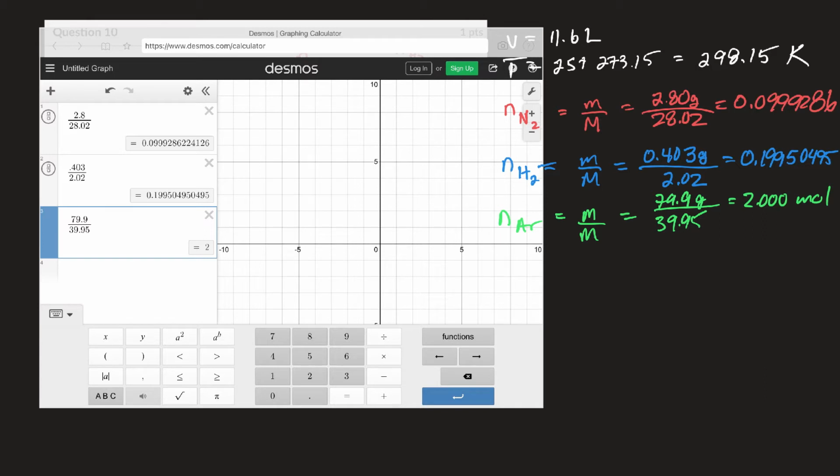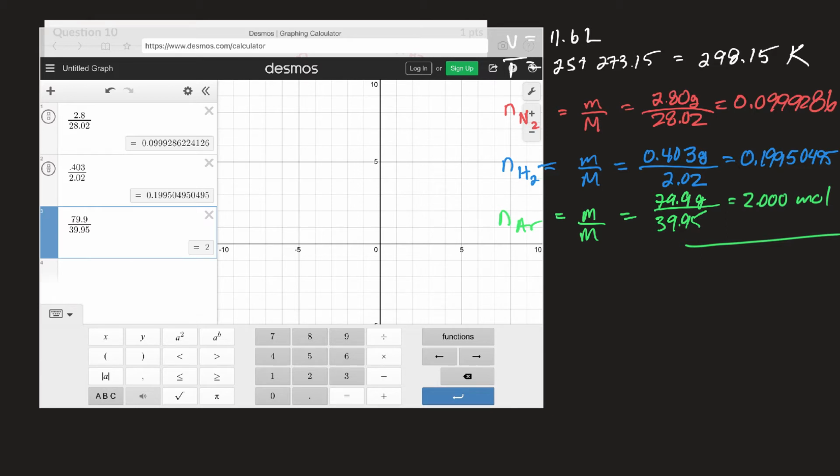Okay, so now for the total number of moles of gas. We know that when gases are in a tank, they all act the same. So I can just add up the moles.